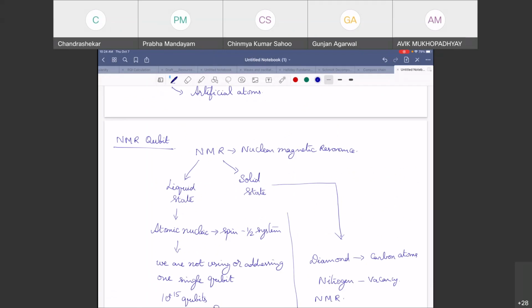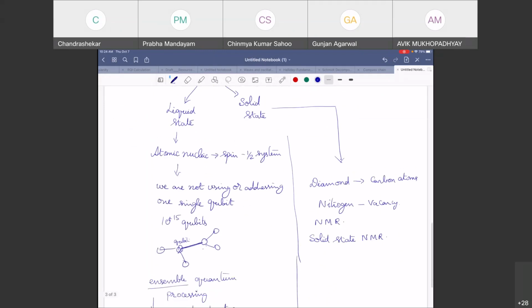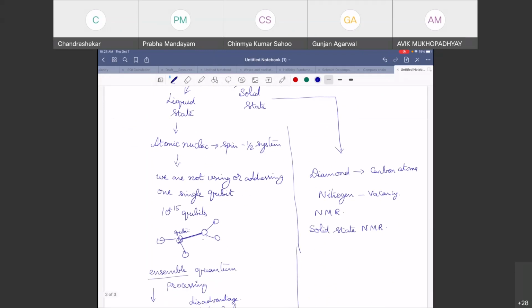If you look at the solid state NMR, here you are working with the nitrogen vacancy, and this is one specific qubit. This means you are addressing each qubit individually.